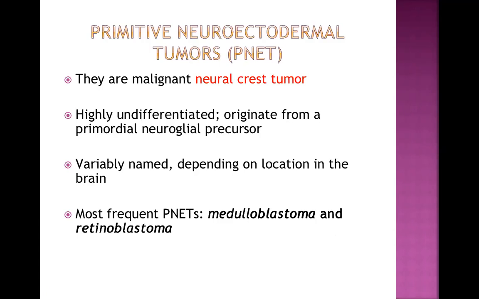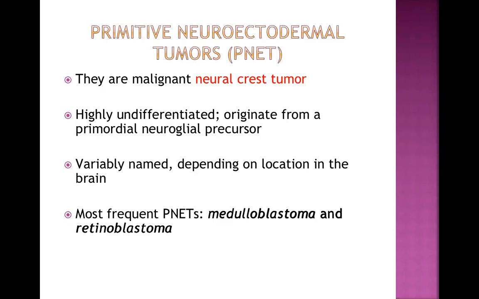They are variably named according to the location, and the most frequent PNETs are medulloblastoma and retinoblastoma. Retinoblastoma occurs in the retina, which is a part of the eyeball, so we are not going to talk about that now. Medulloblastoma occurs in the brain, especially in the posterior fossa.